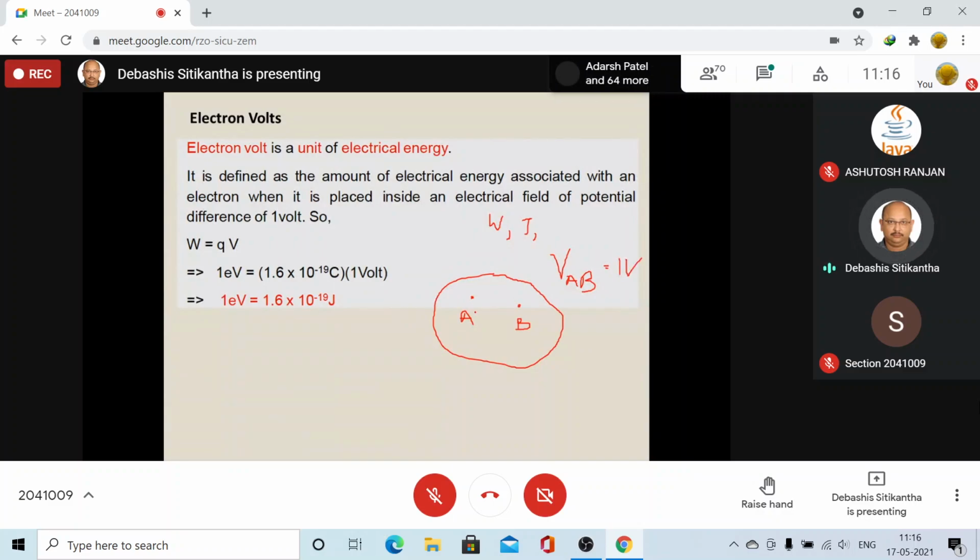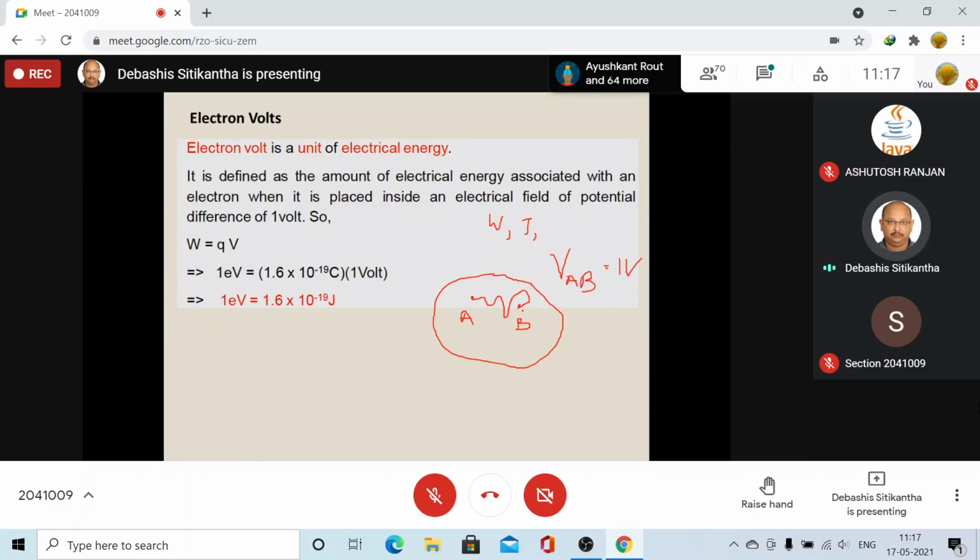When an electron moves from point A to B along any path, and the total potential difference across A and B is 1 volt, then we call the work done in moving the electron from A to B, with a potential difference of 1 volt, equal to 1 electron volt.